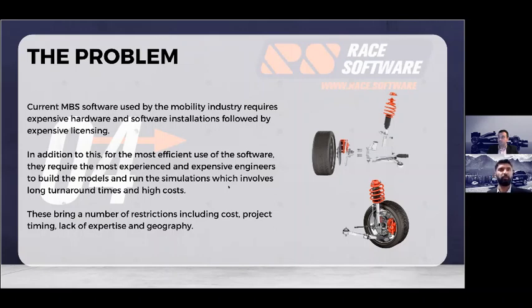So this involves a lot of time and highly experienced engineers, a lot of effort and cost, and there is a skills shortage. Those are the kind of issues that we come up with.